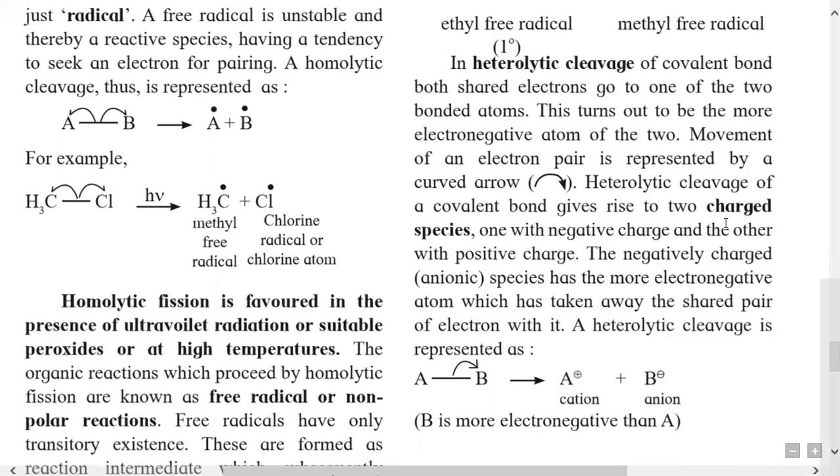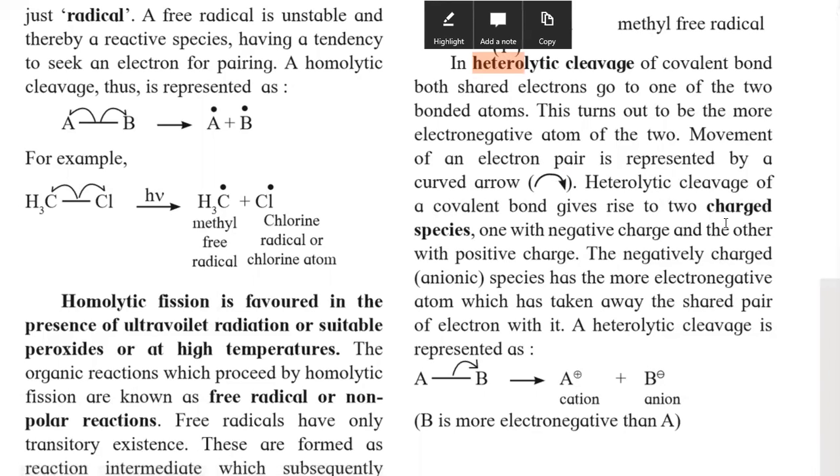The second type of bond fission is heterolytic cleavage. The meaning of hetero is different: a bond formed between two different atoms, and the breaking of that bond is called heterolytic cleavage. Again, I will repeat the same thing.